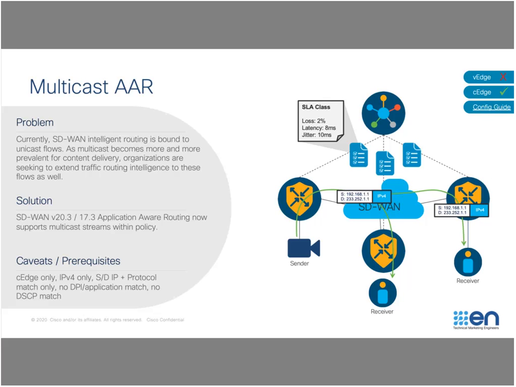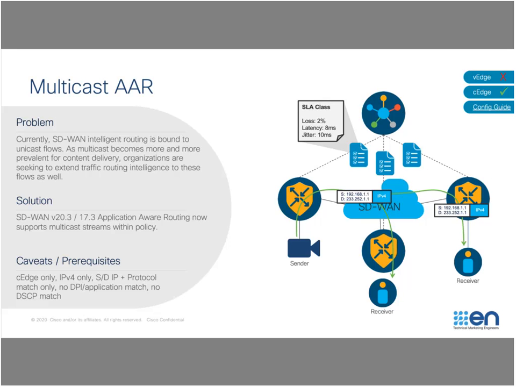So if we take it again in the context of something like unified communications or IPTV or some other kind of business critical application that uses multicast as a transport mechanism, you can now create an SLA policy on the SD-WAN fabric or centralized data policy that will ensure that multicast traffic takes the most efficient path that we have available that maintains a certain SLA level for that particular audio stream or for that particular multicast stream.